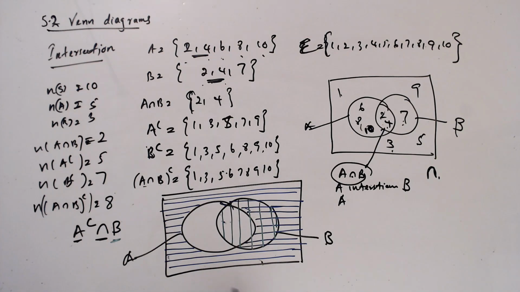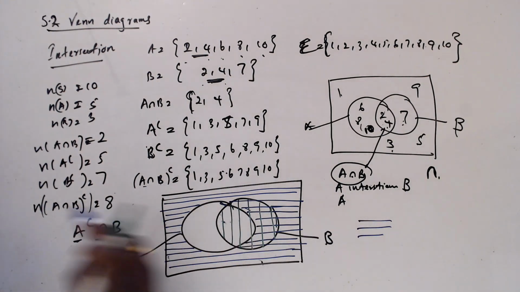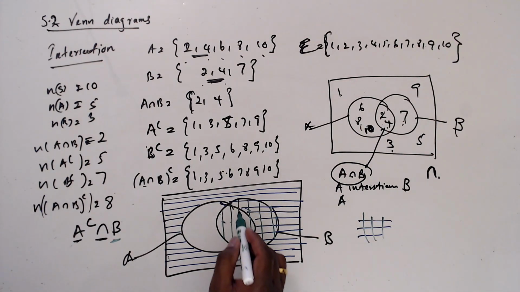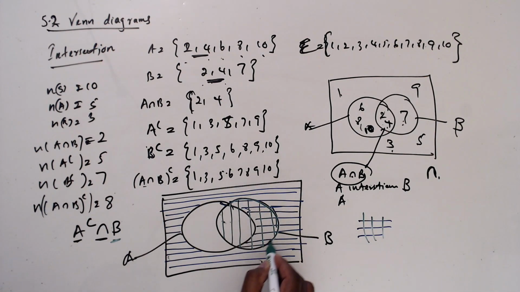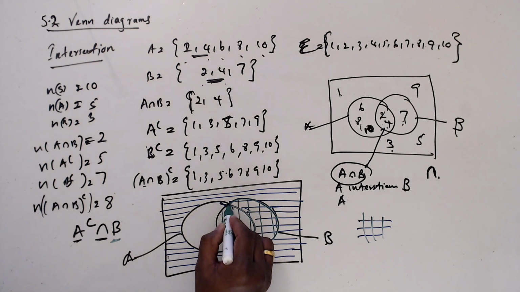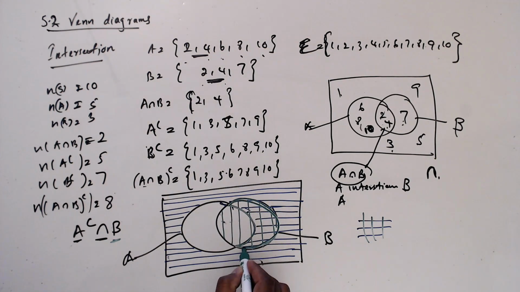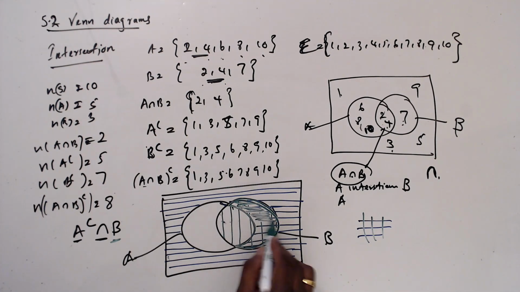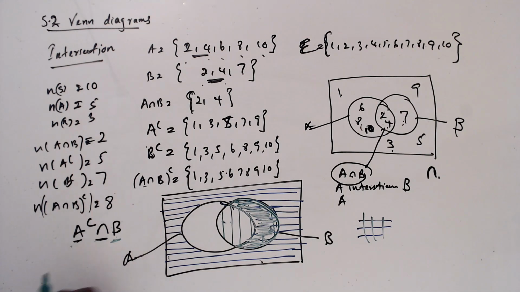Now where you can see both, this is the area where you can see both symbols. So I will color this one. So this is A complement intersection B.